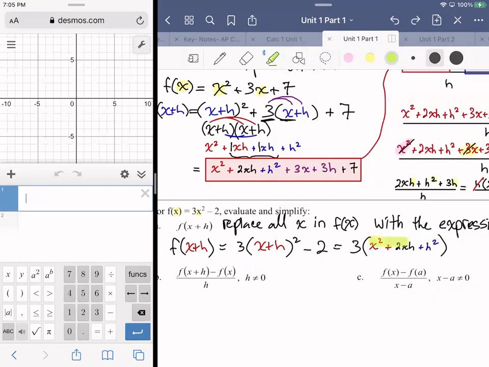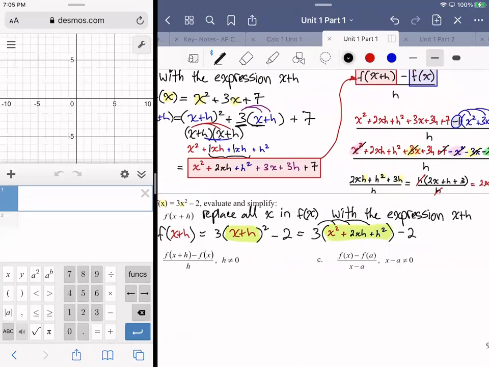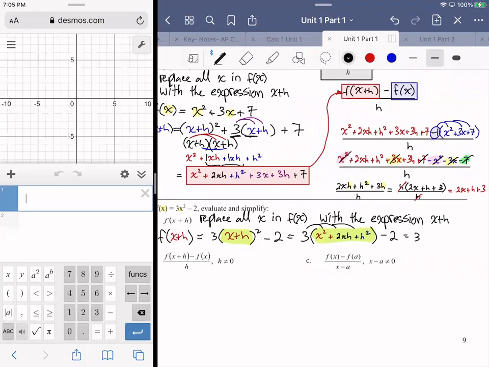Not very appealing, but it's okay. These two are equivalent, right? We still need the -2. But now I can just distribute my 3. And I'll have 3x squared plus 6xh plus 3h squared minus 2.